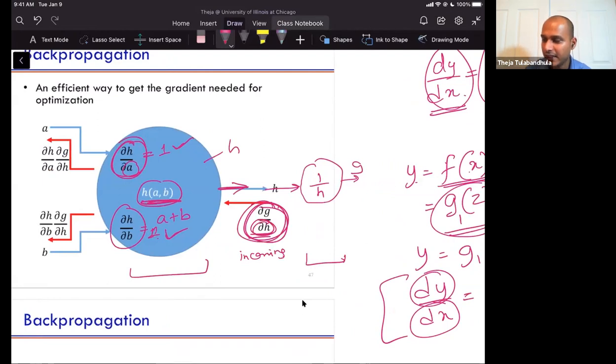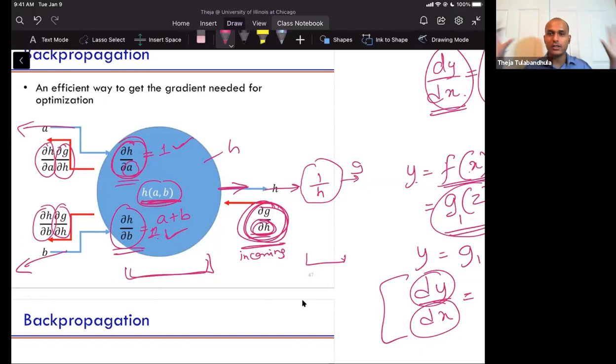Given this incoming gradient and the local gradient, I can compute gradients or partial derivatives that I can pass on to my predecessors. So in this blue node example, it's going to pass on its local gradient times the incoming gradient, and its local gradient times the incoming gradient, on each of these edges, to whatever node connects to it. So that's it. That's backpropagation.